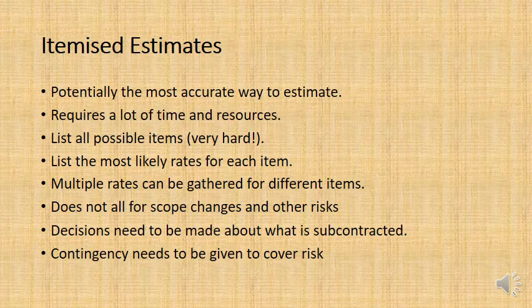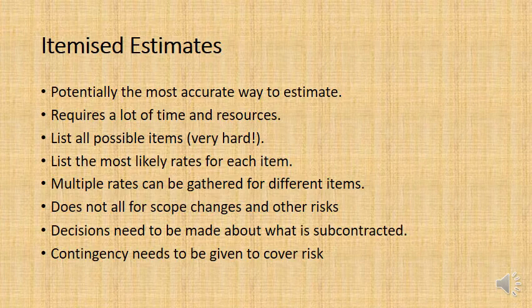Unlike with the total installed cost factor estimates, where you just take a few key items which need to be priced, with an itemized estimate, you are trying to list all of the possible items that need to be priced for and paid for in a project, and that can be a very hard thing to do, and it takes a lot of time and energy and resources, and you need to find rates and quantities for each one.